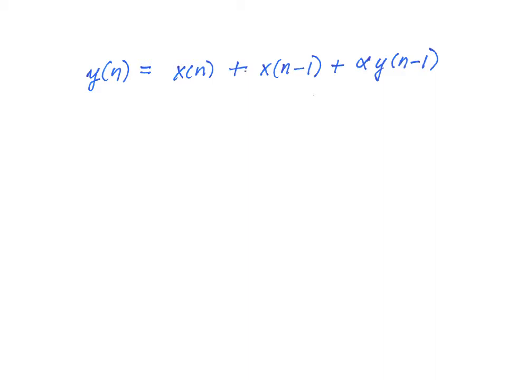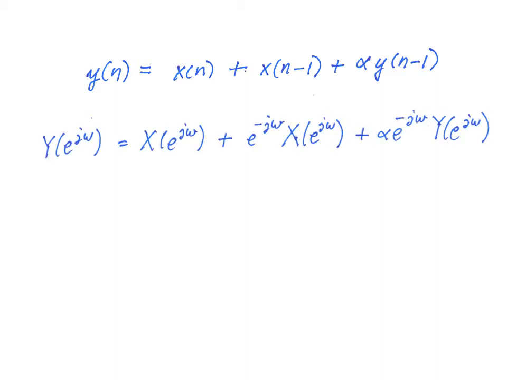So taking the original difference equation, let's convert all terms to the frequency domain. In the frequency domain, the time delays by one sample are manifested by multiplication by e to the minus j omega. So now we may factor out terms and group them together to calculate the transfer function.